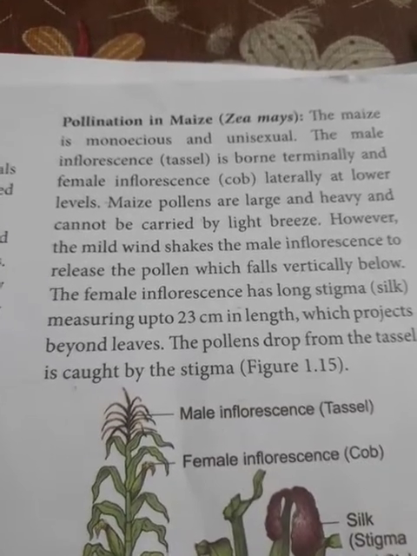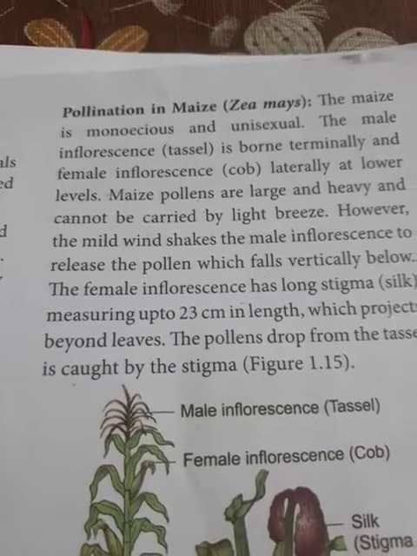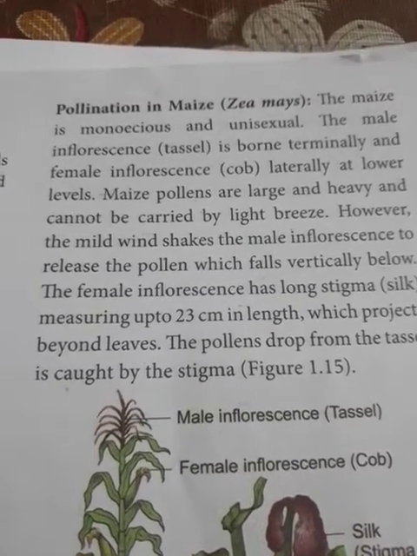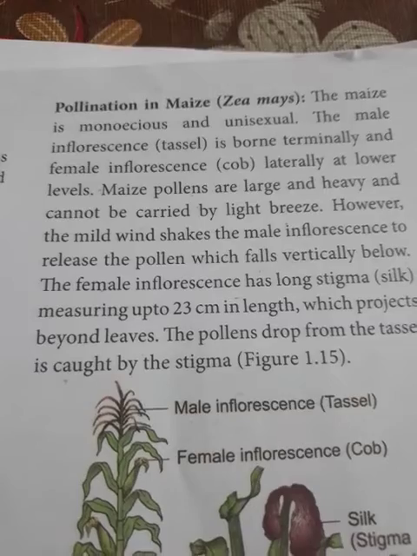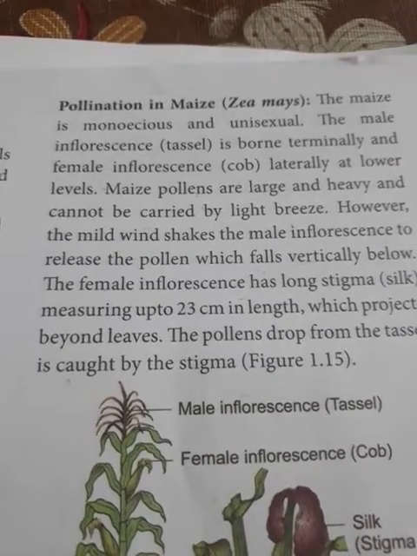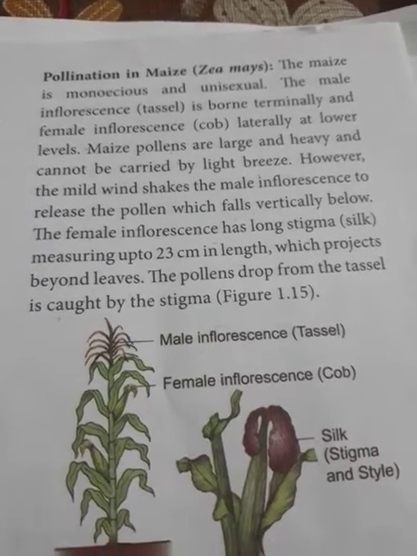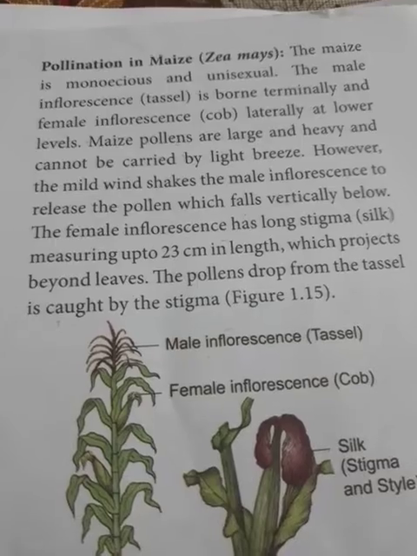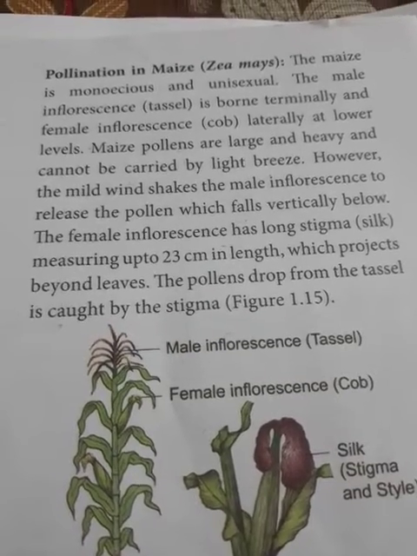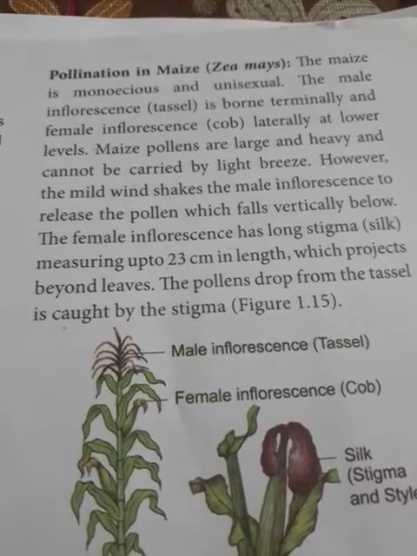Maize pollens are large and heavy and cannot be carried by wind. So the mild wind shakes the male inflorescence to release the pollen, which falls vertically below. As the female inflorescence is present below the male inflorescence, the pollen grains automatically fall on the stigma.